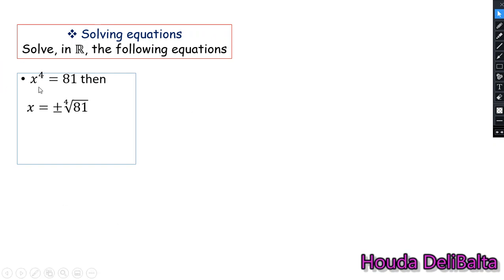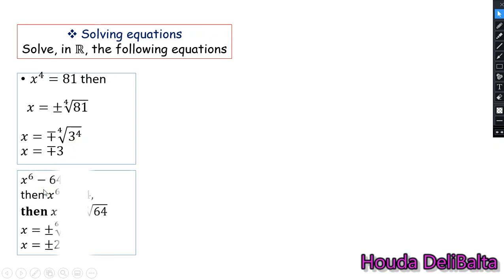So to get rid of power 4, I take the 4th root of the number after the equal sign. But since it is an even index, I have to put plus or minus, because any positive number has two 4th roots, a negative one and a positive one. I change 81 into 3 to the power 4 and I will get x equals plus or minus 3.